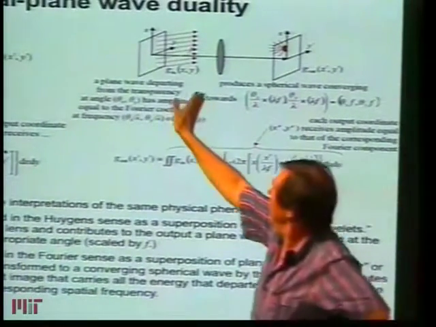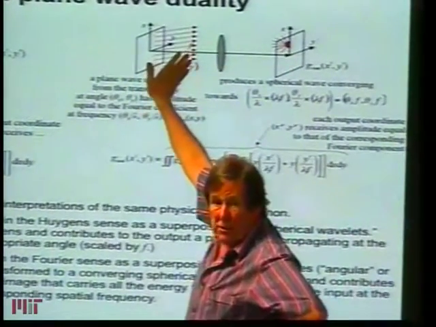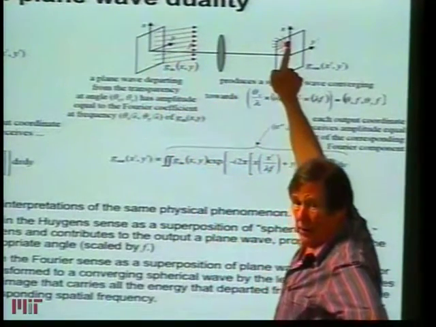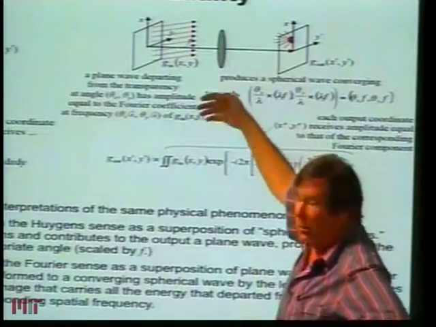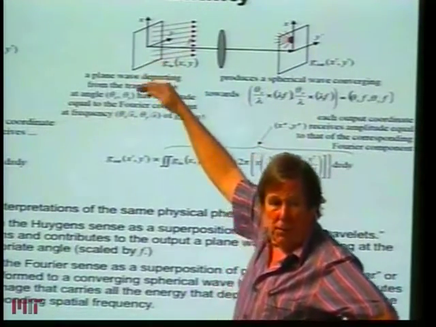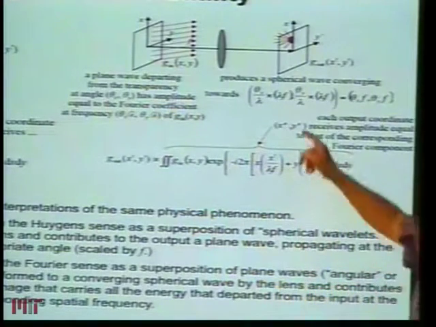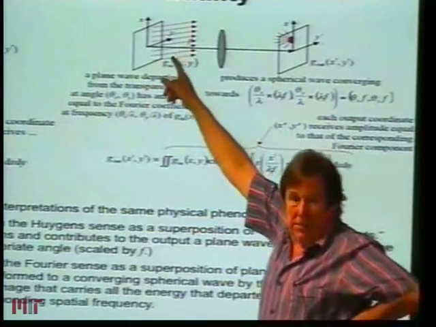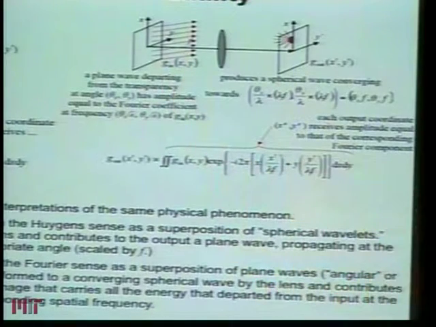The plane waves moving at different angles are going to converge to a point which, of course, is proportional to the sine of the angle of propagation, right? So here, at any point on the screen, you're going to sum up these angular spectra components, each of which is going to give a spherical wave.